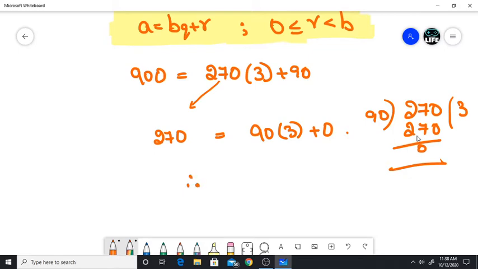Therefore HCF equals to 90. Very simple.